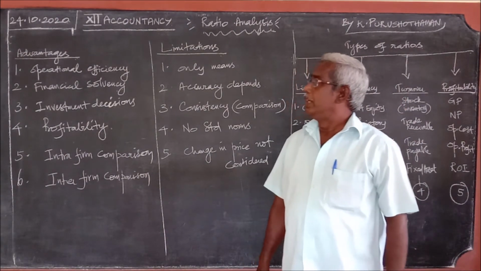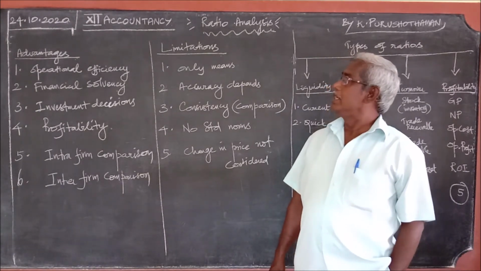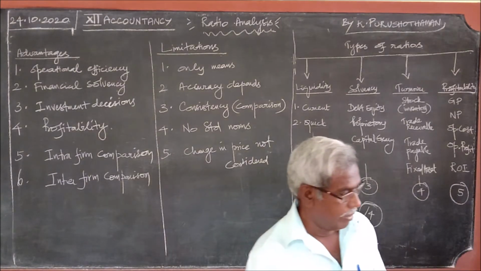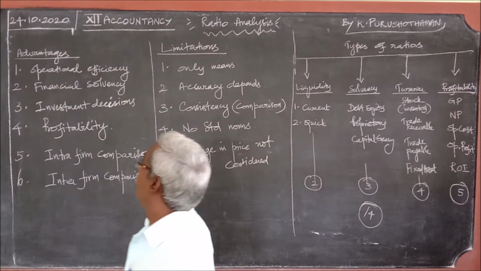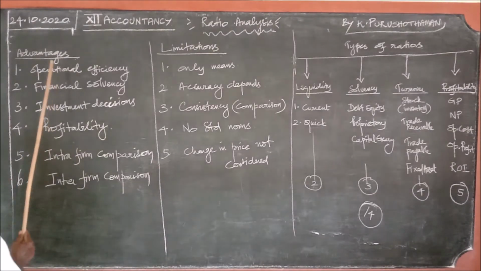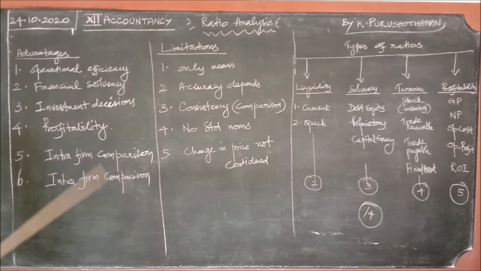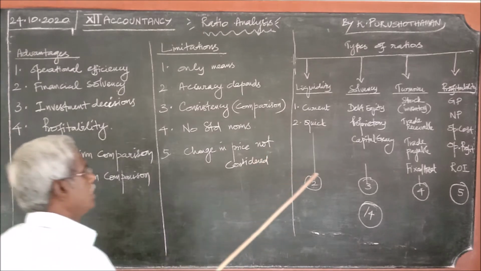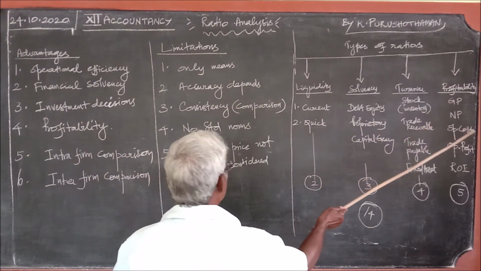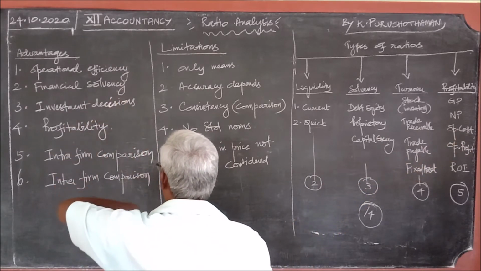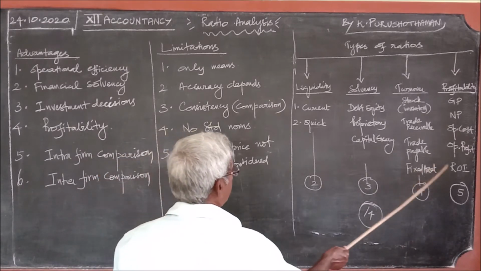Now to finish the lesson, we shall come to the advantages of ratio analysis and what are the limitations found in ratio analysis. We shall go now one by one. The first thing, we are preparing different types of ratios, and in that, in what way the assets and liabilities are available, what is the gross profit ratio, net profit ratio, operating cost ratio, operating profit ratio, and whatever the amount invested, what is the return from it, that is the return on investment.